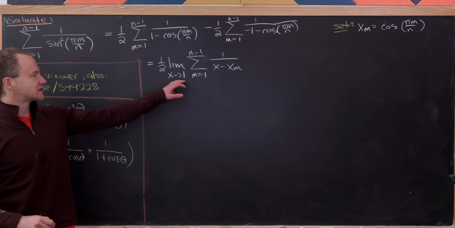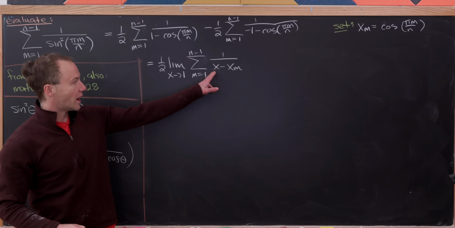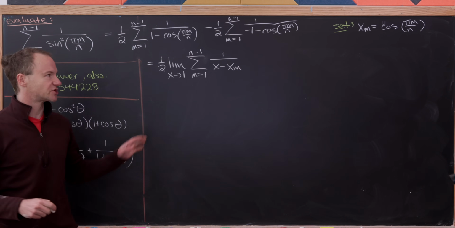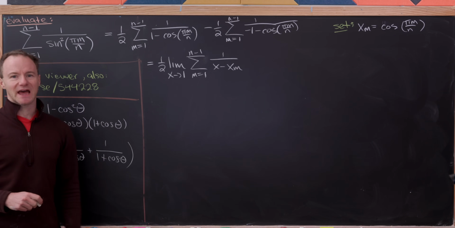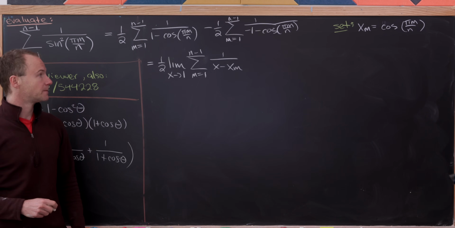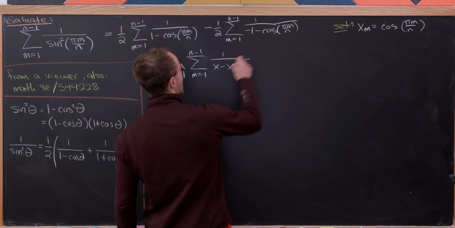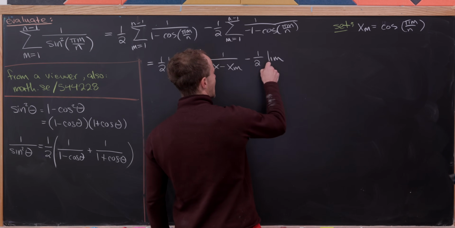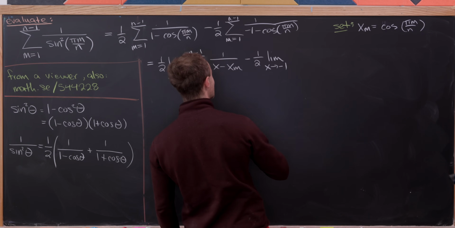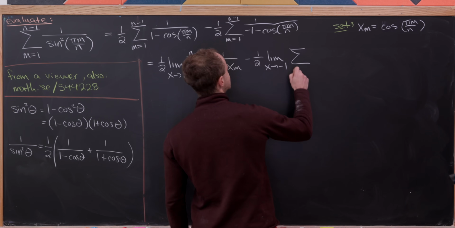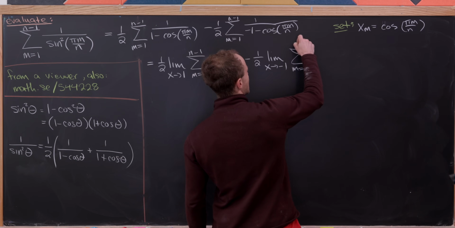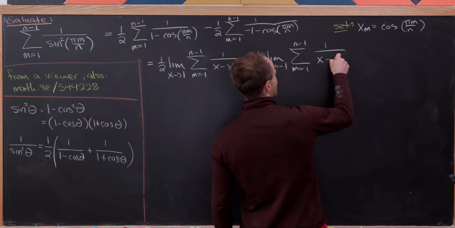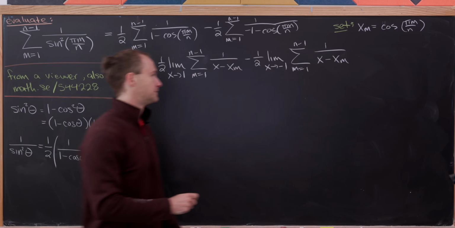So that limit as x goes to 1, we'll put a 1 right here, and this cosine of pi m over n term is just what we set equal to x sub m. Likewise, this next thing will be 1/2 times the limit as x goes to negative 1 of the sum as m goes from 1 up to n minus 1 of 1 over x minus x sub m again.